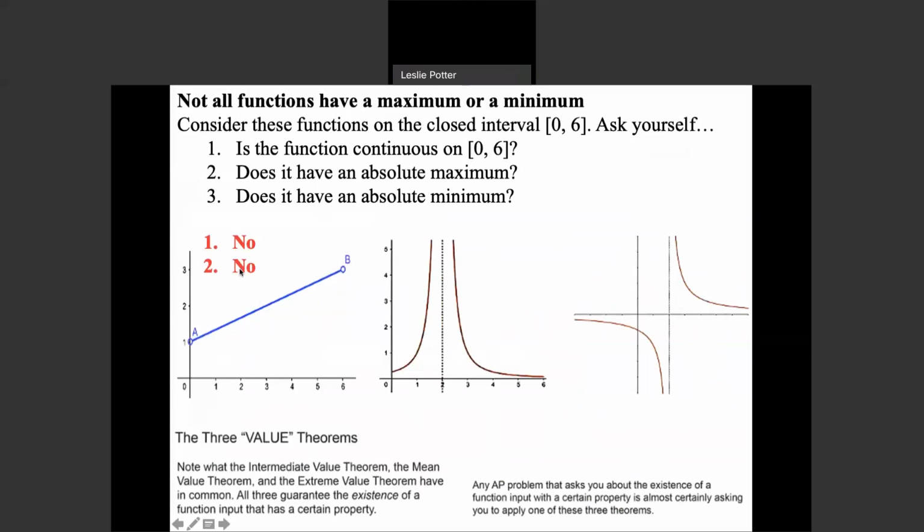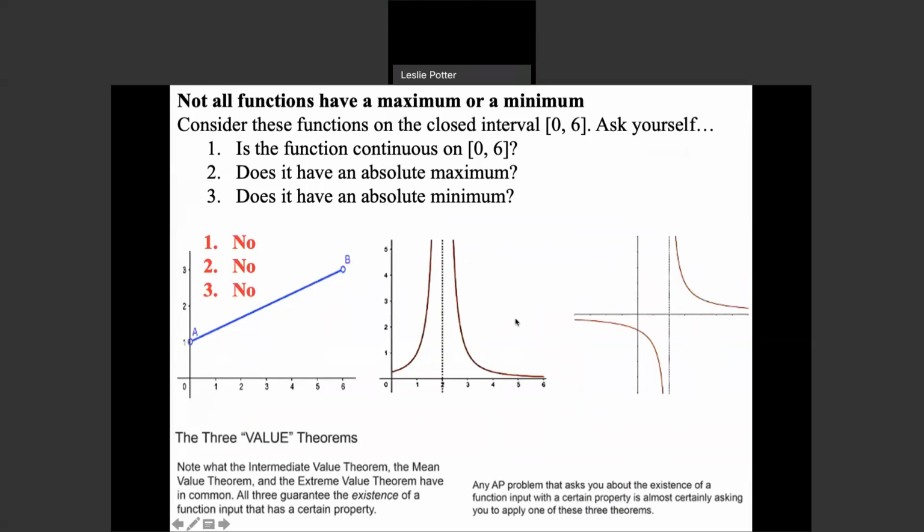And that answer is also no. This is not an absolute maximum because it's not defined. So this is not a filled-in endpoint, and we can keep getting closer and closer to it, but we can't attain a maximum value. And does it have an absolute minimum? For the same reason, it doesn't. So this function has none of these criteria.